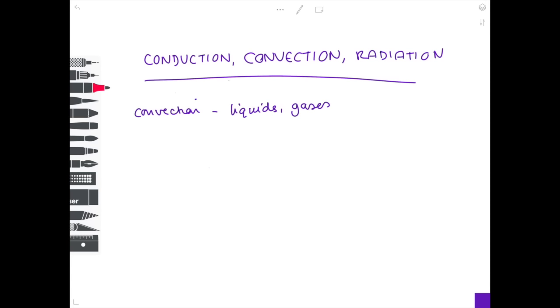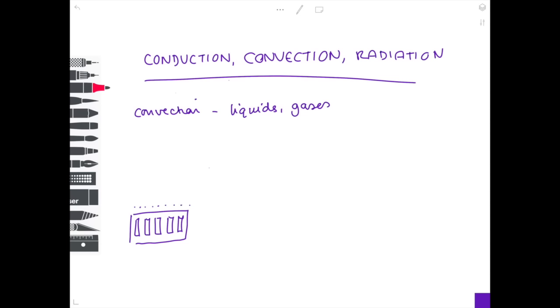And the key example we always use is a radiator in a house. Now, my wonderful drawing comes out. So, here's our rubbish radiator, and it's nice and hot because it's got hot water flowing through it. And what happens is that heat causes particles of air above the radiator here to gain kinetic energy.